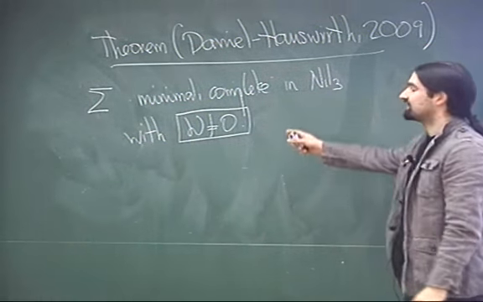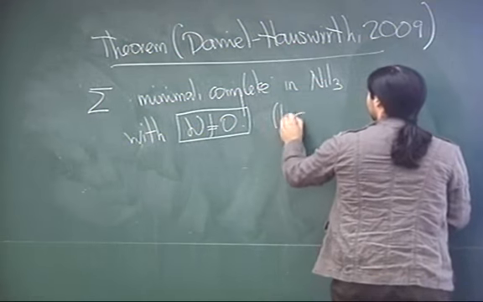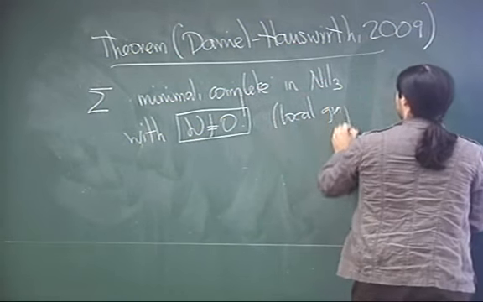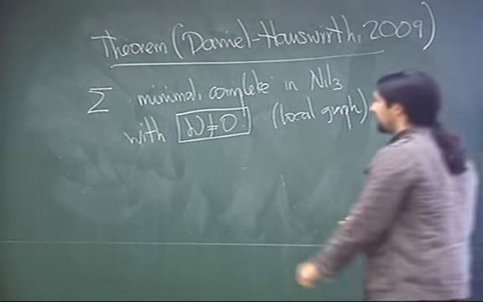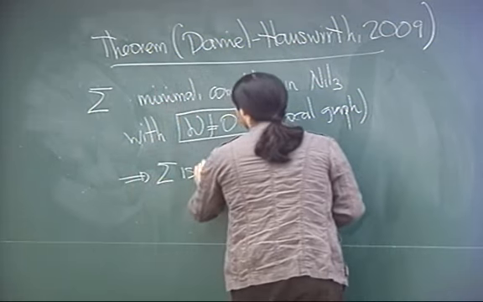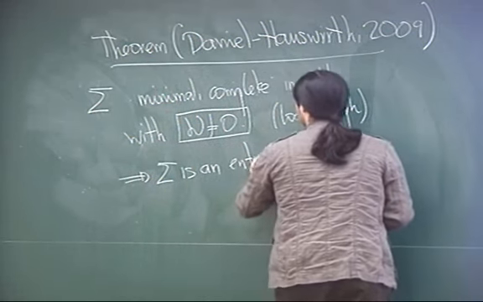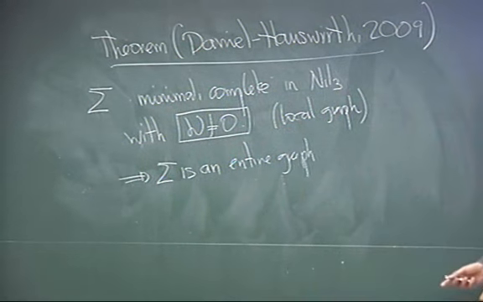This means that it is transverse to the Killing field, or in other words, this means that it is a local graph. Then they prove that sigma is an entire graph. This is very non-trivial. So Benoit is going to explain it.